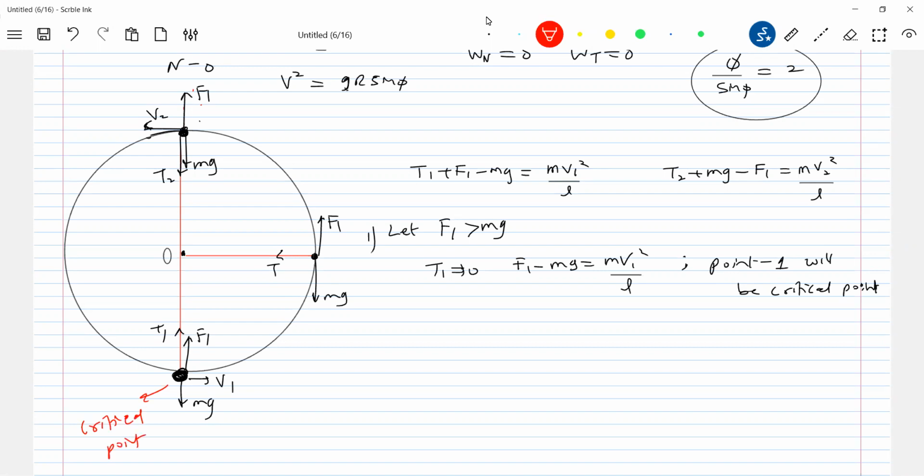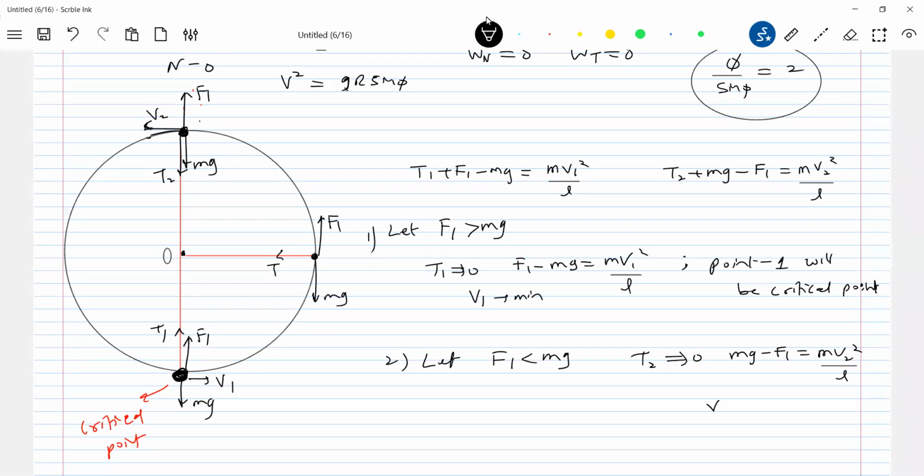Now let F1 be less than mg. Then where will it come? Here T2 can be 0. If T2 tends to 0, then the resultant of mg and F1 will provide the required centripetal force. And here V2 will be minimum.